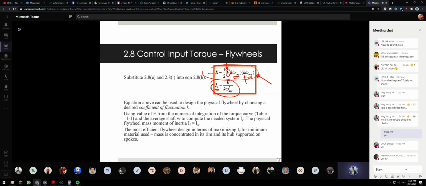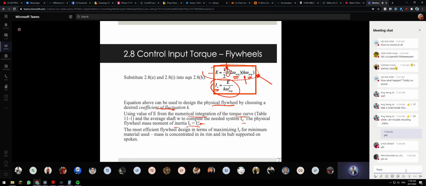The equation above can be used to design a physical flywheel by choosing the desired coefficient of fluctuation k. So using the value of E from the numerical integration of the torque curve, we can compute the mass moment of inertia for the flywheel, or we call it the system.